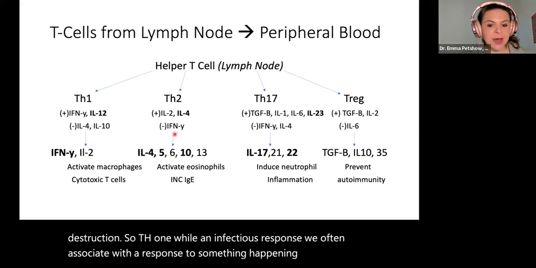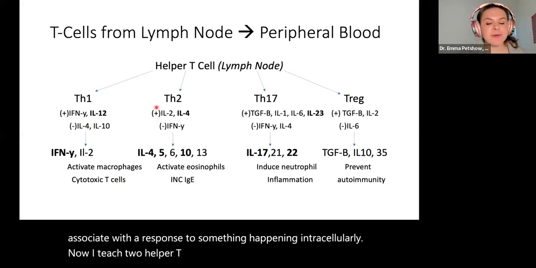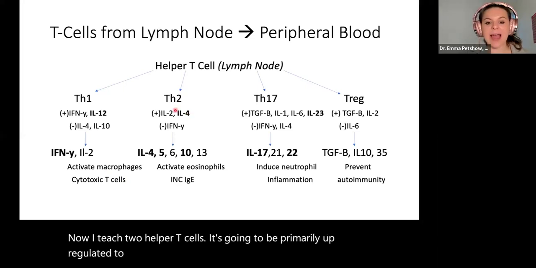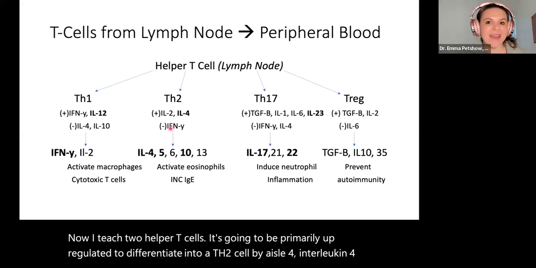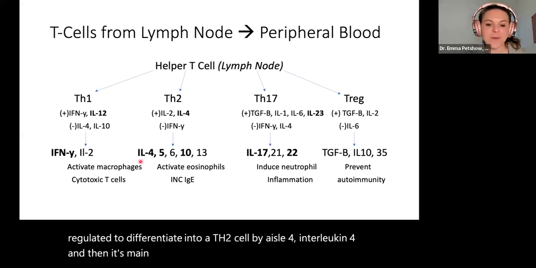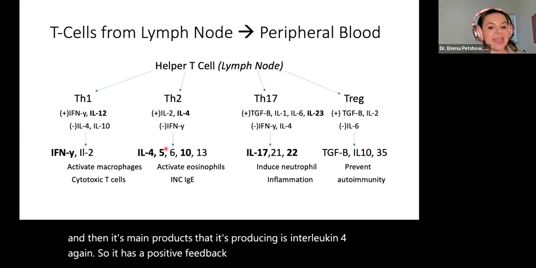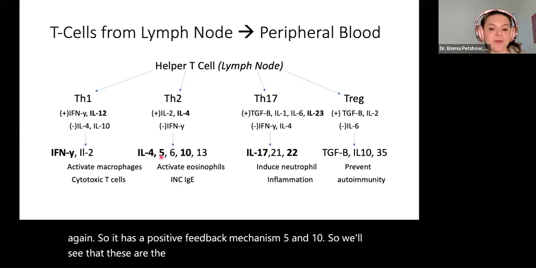Now, our Th2 helper T cells are going to be primarily upregulated to differentiate into a Th2 cell by interleukin 4. Then its main products are interleukin 4 again, so it has a positive feedback mechanism, and 5 and 10. So we'll see that these are the main cytokines it's going to produce. They're going to stimulate its release.